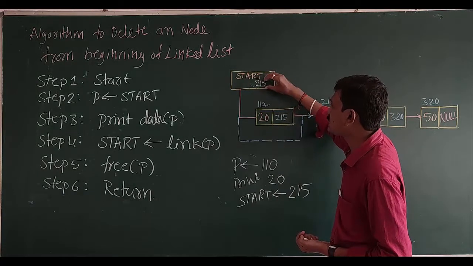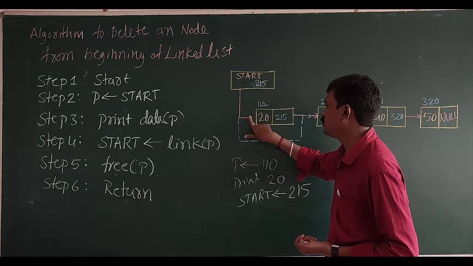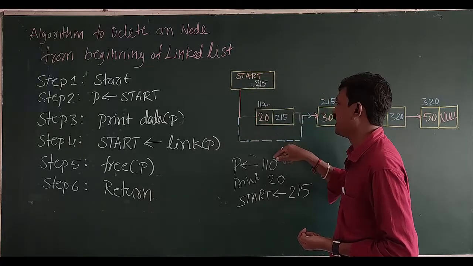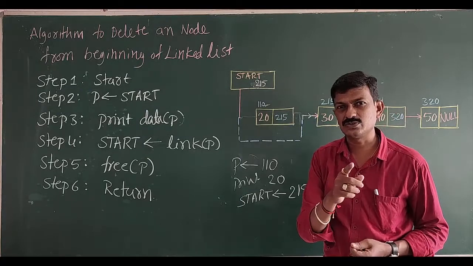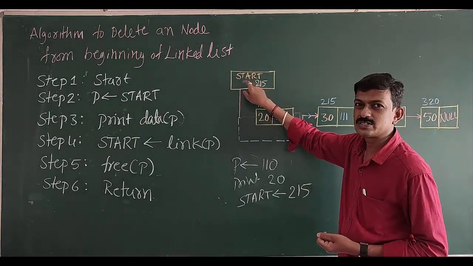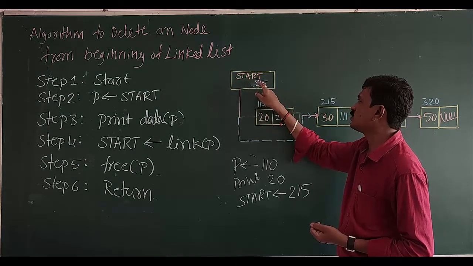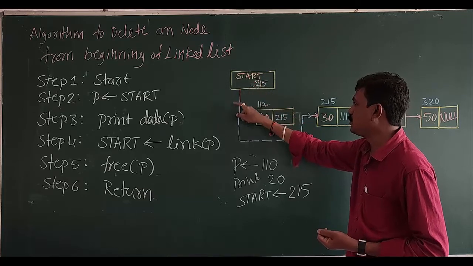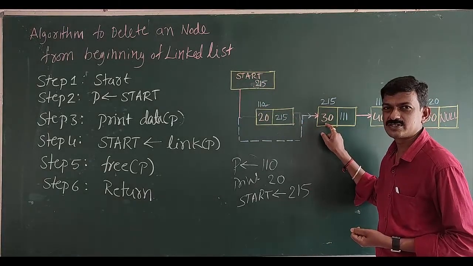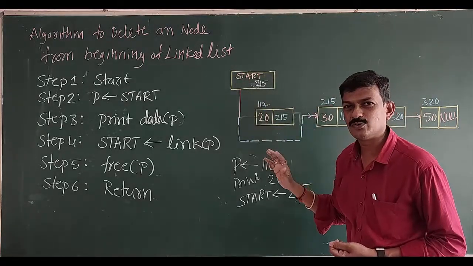Now I overwrote the value of the start pointer, which means I delinked the first node. Now the start pointer contains 215, which locates the next position. This start pointer value I overwrote.